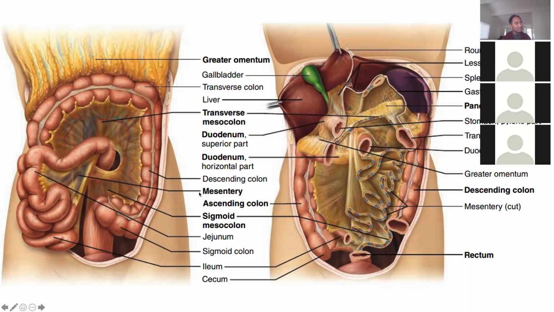Mesentery is the two folds stuck together of the peritoneum, which is pulling the intestine to the posterior abdominal wall. And sometimes they just stick the intestine back to the posterior abdominal wall, and they do not have mesentery.